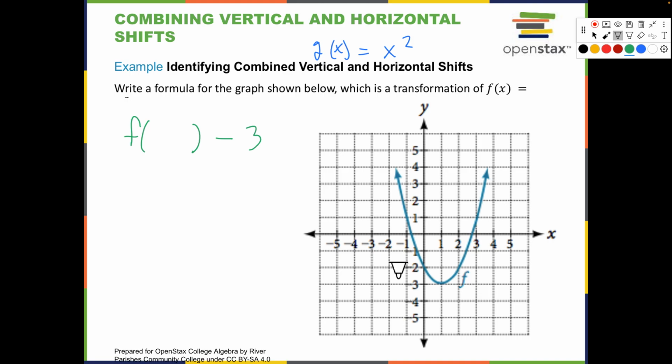And then x minus 1, we moved it to the right. So moving it to the right is negative 1, and then this is squared. This is function notation, and the formula starts to look like x minus 1 squared minus 3 on the outside.